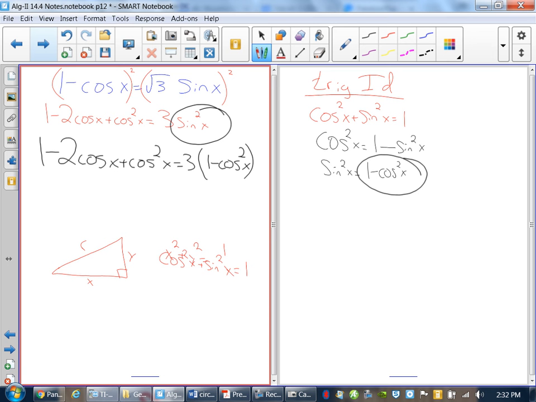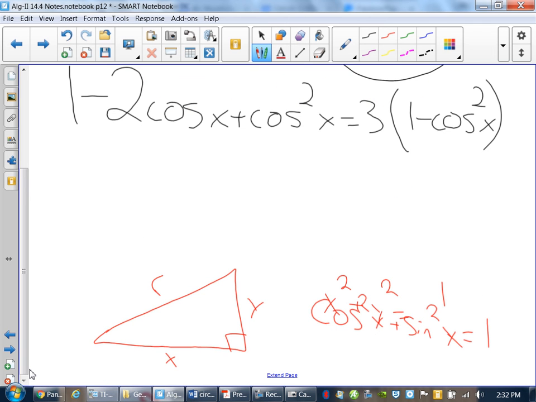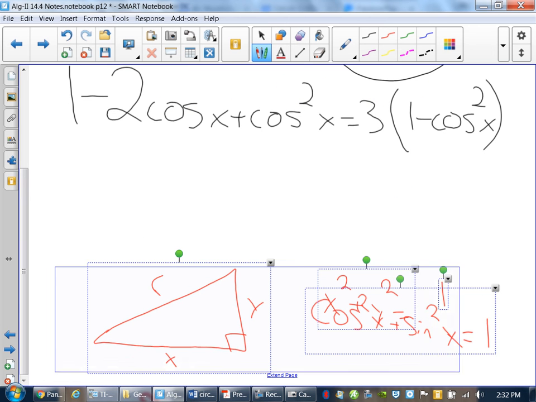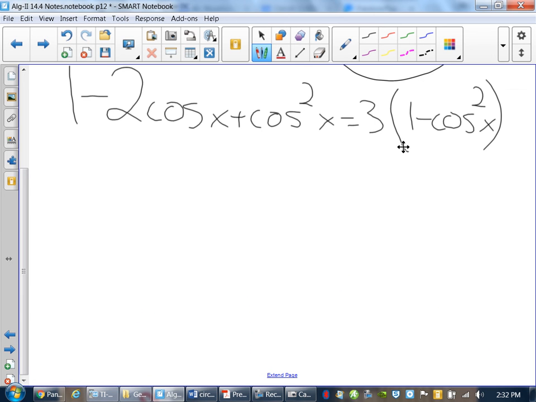Can I go back to a single page? Yeah. So when I go back now, I have 1 minus 2 cosine x plus cosine squared x equals 3 minus 3 cosine squared of x.